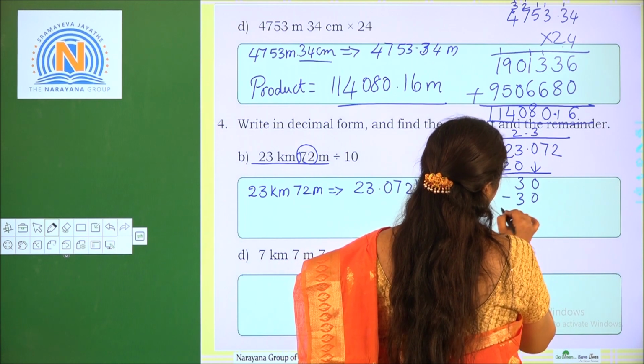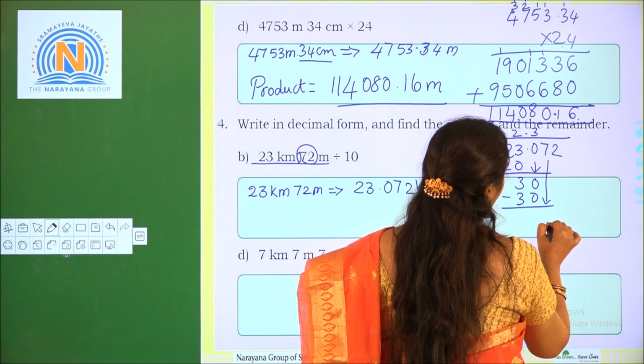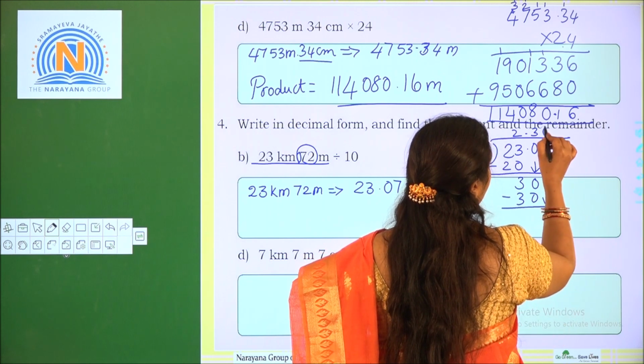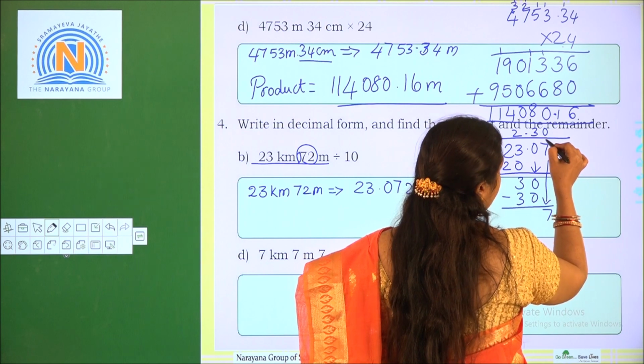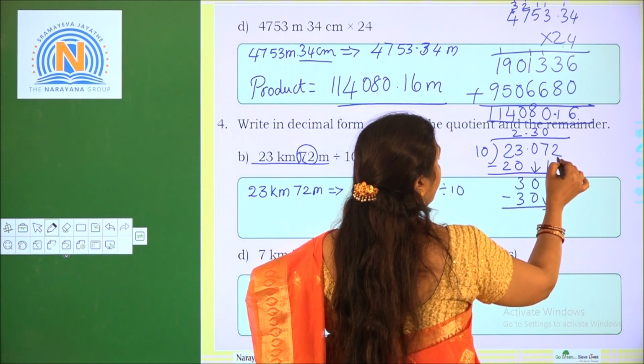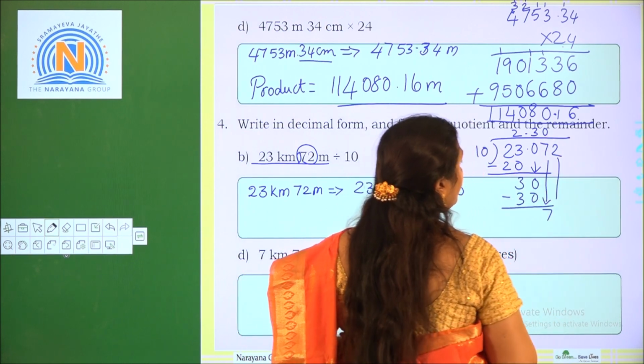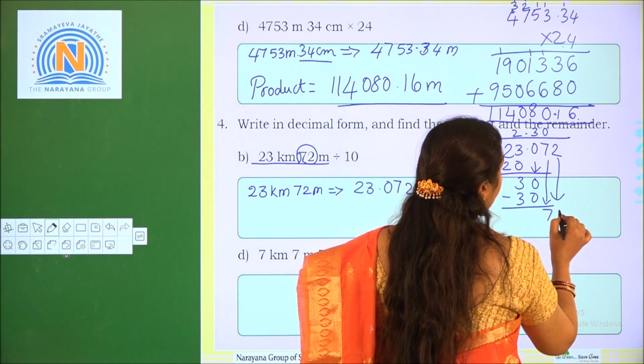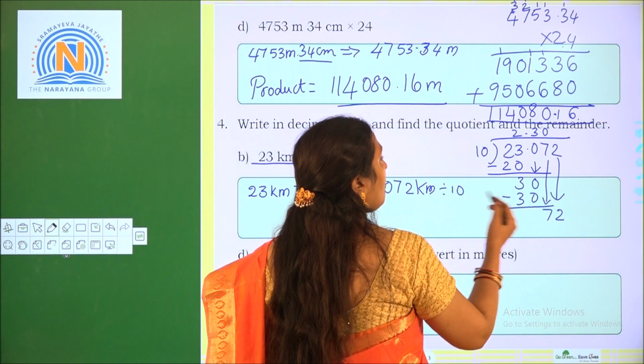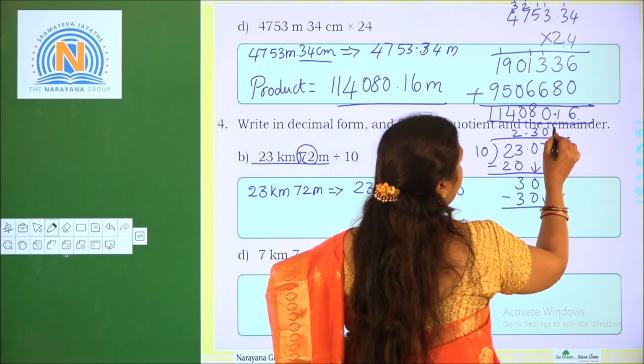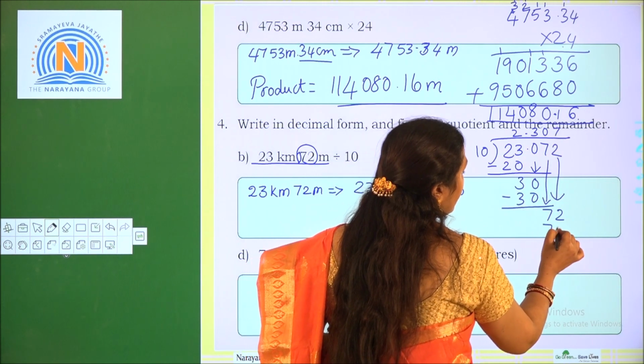Take 3 tens are 30. Now bring down 7. 7 is not divisible by 10, so keep 0 in the quotient. Now bring down 2. How many times can we take, children? Approximately 7 times, 7 times is 70.